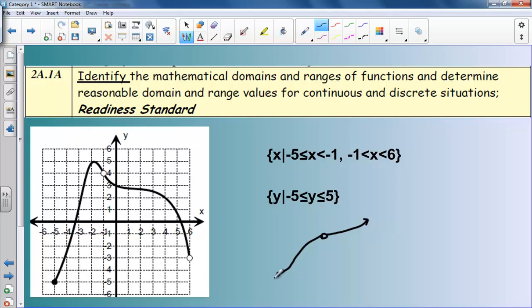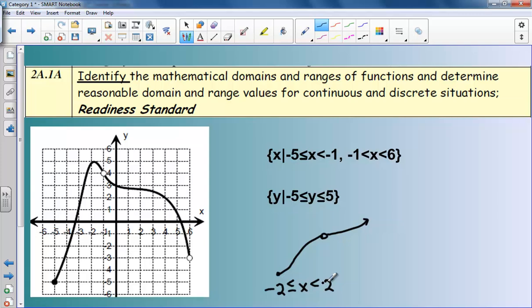So let's just say that this was at -2. So starting at -2, and it's a closed circle. So it's less than or equal to my x, which is less than, because this is an open circle, and let's say that that stopped at 2.